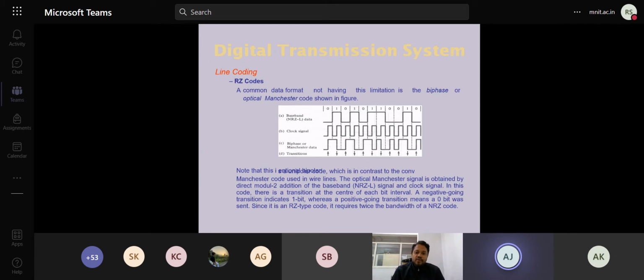A negative going transition, or a falling edge, indicates a 1 bit was transmitted, and a rising edge means a 0 bit was transmitted.